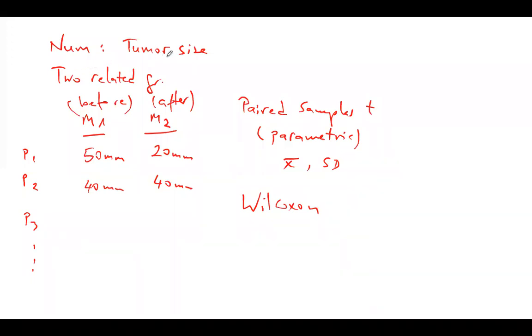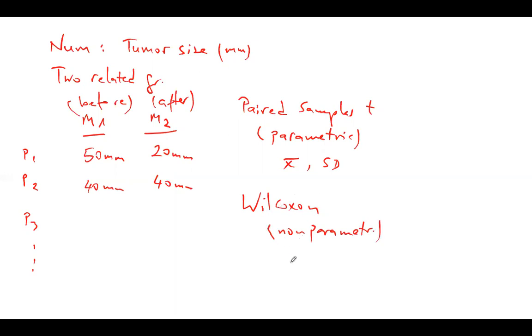If you have numerical data, such as the tumor size in millimeters, and two related groups, measurement 1 and measurement 2, before and after, then the test to do is the paired samples t-test. Or if you cannot perform this test, you do the non-parametric alternative.